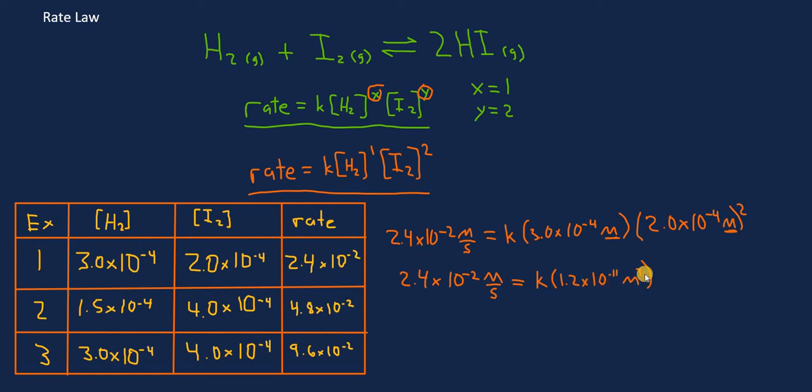And our units here are going to be molar cubed, because if you take this m here and you square it, you end up with m squared, and then multiply it by another m over here, that leaves you with m cubed. So definitely make sure you're including that when you do your math. You've got to carry your units over. So now that you divide it over, of course you'll divide the 2.4 and the 1.2.